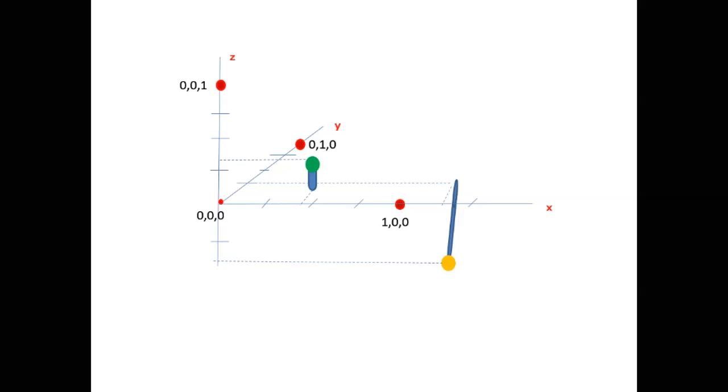And so now our original point, which is the green circle, was at 0.45x. So this is 0.45. And then we were at 0.25y, which is right here.